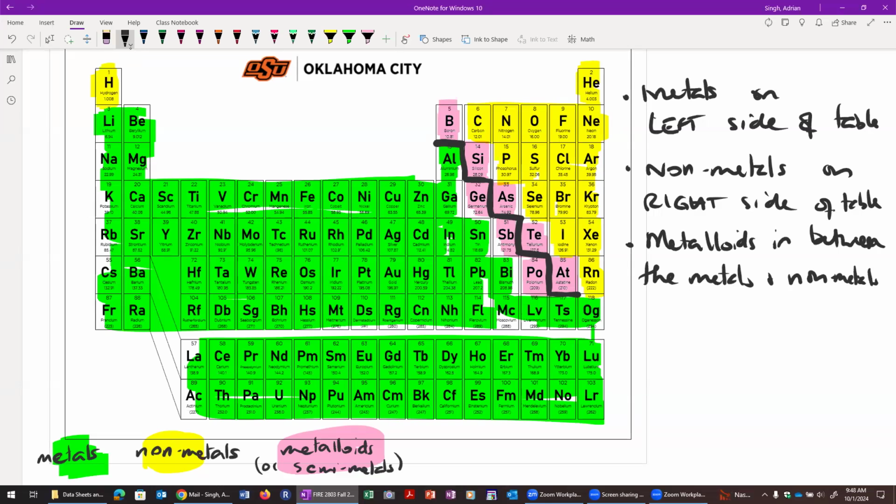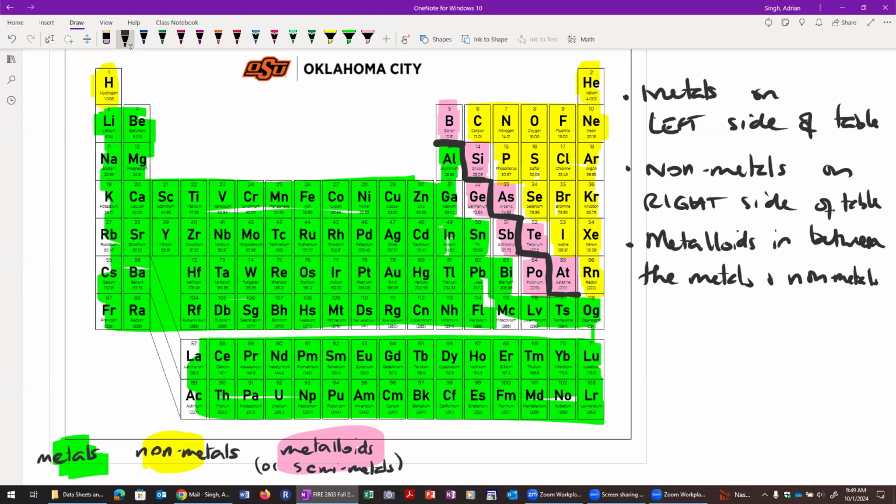So that's the first way that we can interpret the periodic table: metals to the left, non-metals to the right, and the metalloids are kind of in between. That's a very simple designation, but it's also very, very important when it comes to how these different elements are going to combine later on.